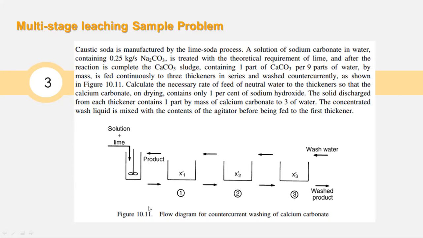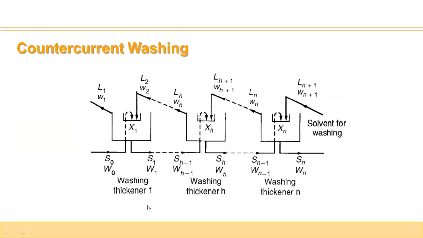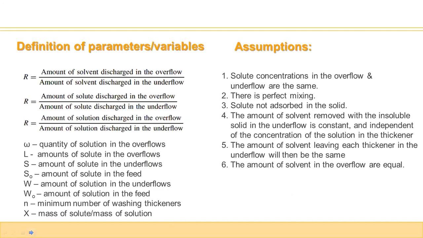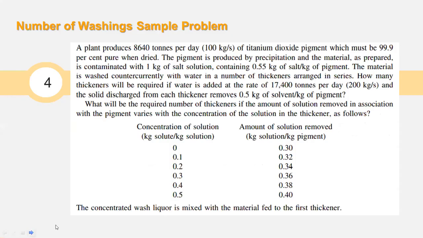I'm just using this illustration from sample problem number 3. But in our case, this would be our countercurrent washing. We have the first thickener here, and the nth thickener here, equivalent to the nth stage for the previous separation processes discussed, the last thickener, which is represented by capital letter N. So the problem that we are to solve is this one.